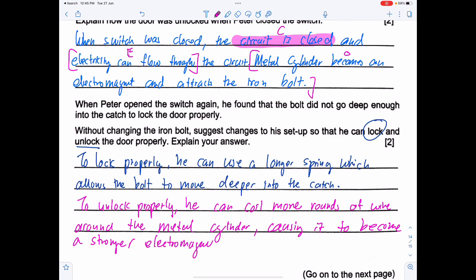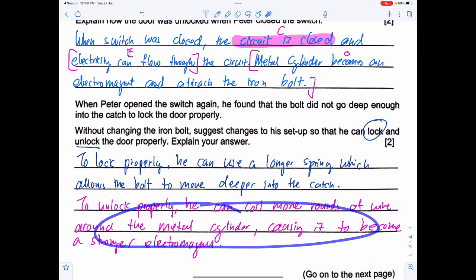Now there is actually an alternative answer, that is to use more batteries. Because if you add more batteries, this part is also valid. You have a stronger electromagnet.